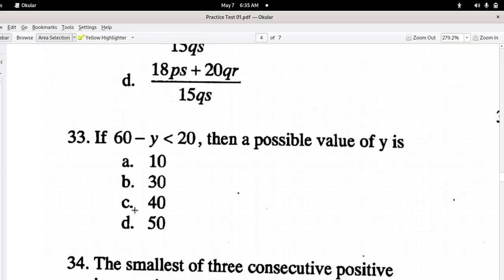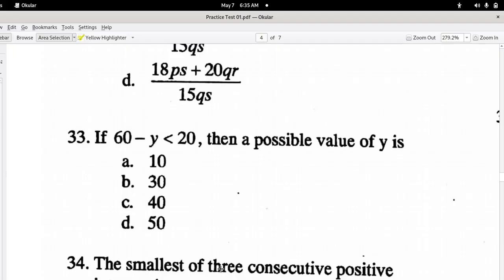Here, you have 60 minus y is less than 20. And the possible value of y is, so you can say 60 minus what is less than 20. Which one? 60 minus which one of these numbers is less than 20?